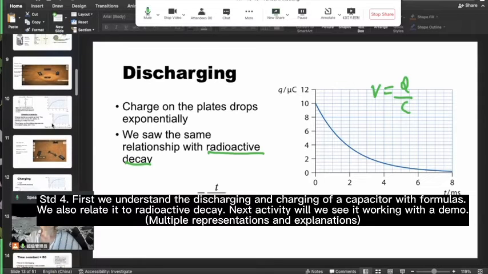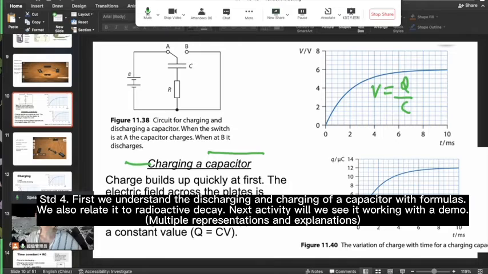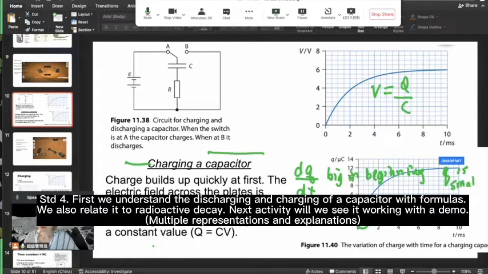So this is for discharging, but coming back to here, in the beginning, the rate of change of the charge is very high. This is big in the beginning because Q is small.